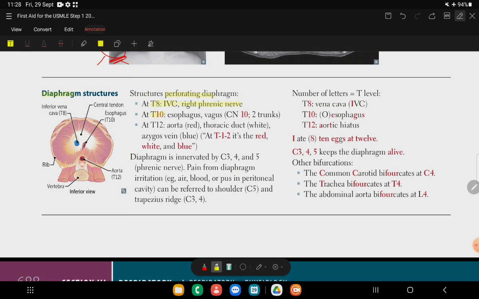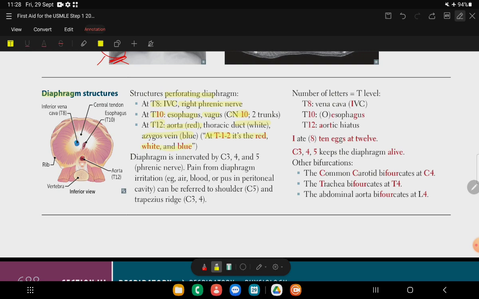At T10 there is the esophagus and the vagus, that is cranial nerve 10. Then at T12 there is the aorta, the thoracic duct, and the azygous vein. Blue in color, so at T12 it is red, white, and blue.